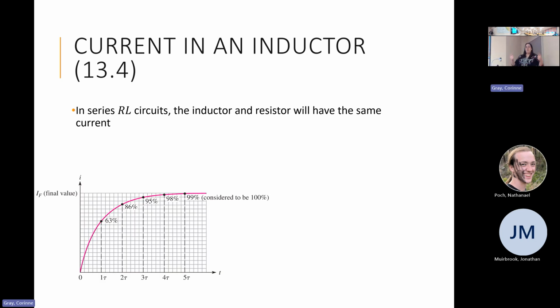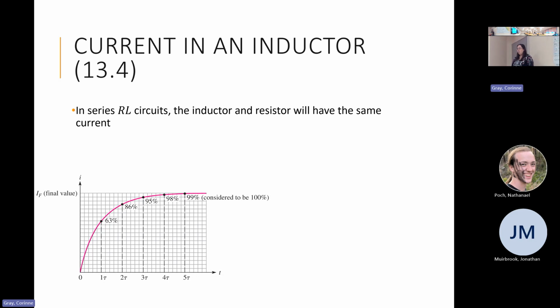It is the opposite for an inductor. As time progresses, that time derivative portion gets closer and closer to zero until it eventually becomes zero. So our current is actually going to increase as a function of time, and it has that exponential curve.